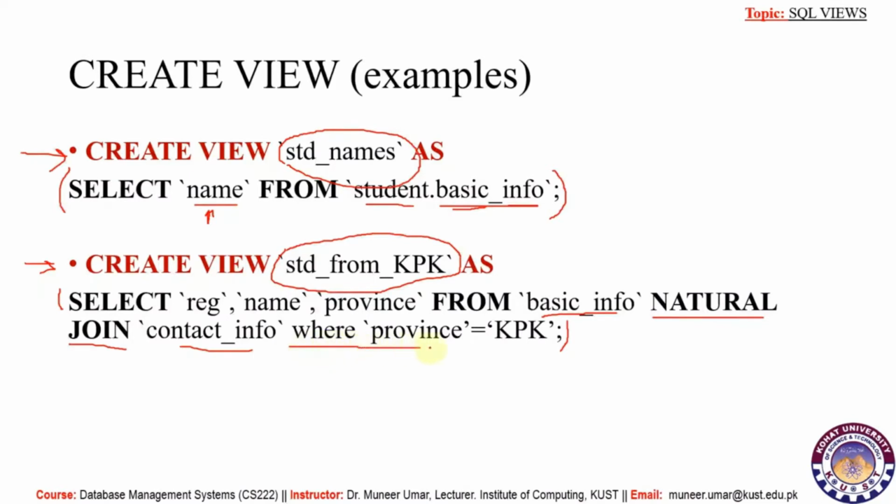According to this select statement, we will get registration number, name and province from two different tables, basic_info and contact_info. These two tables are connected. They might have registration number in common, and we also put a condition with the where clause that the province must be KPK. There might be students from other provinces, so the result will give us the registration number, name and province from these two tables, and the province must be KPK.